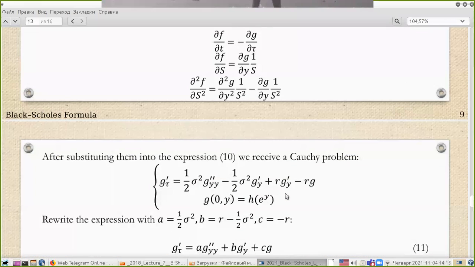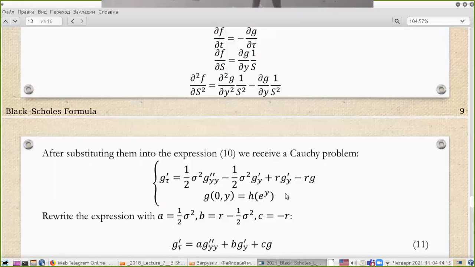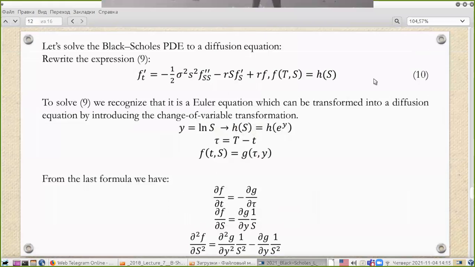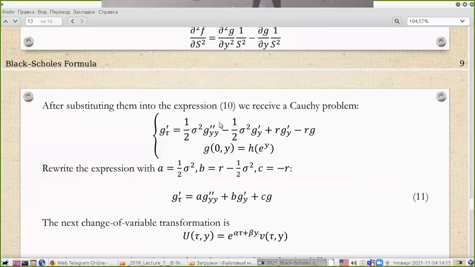And now we should substitute them into the expression 10. In expression 10, we substitute instead this expression, and instead this, so all that we found, to be substituted in 10, and the initial value we substitute.